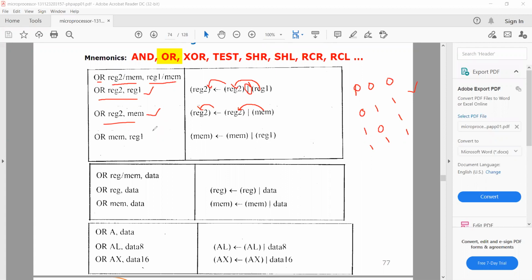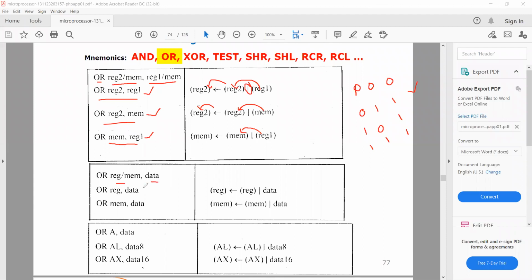Next thing is memory comma register. That means the data present in the register will be ORed with the data present in the memory location. This is called register addressing mode because we are specifying the register directly here. Next thing is either register or data.